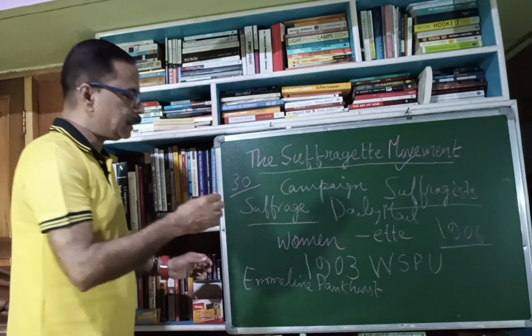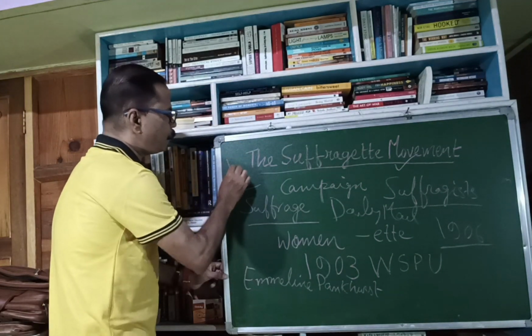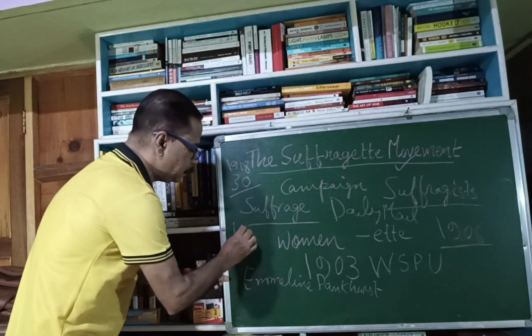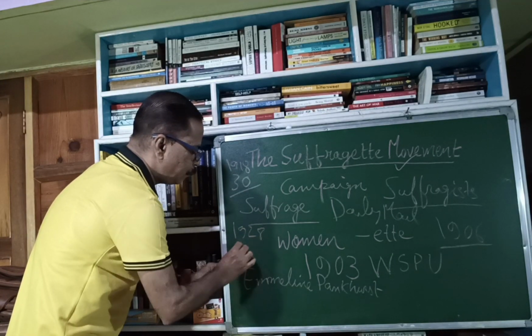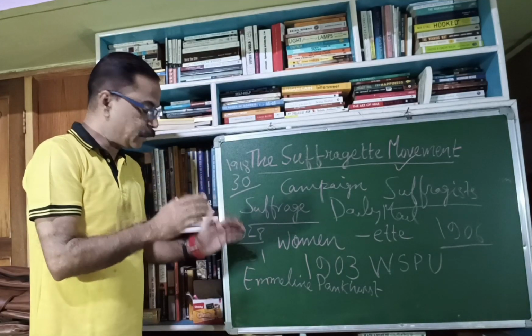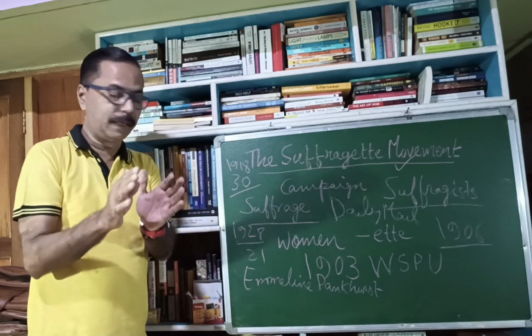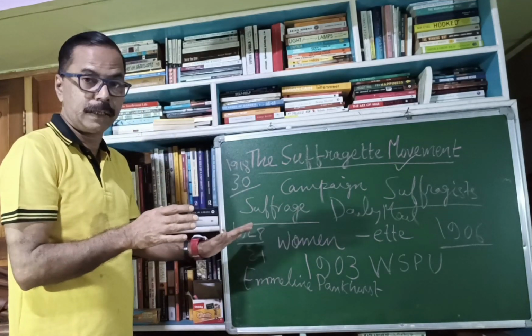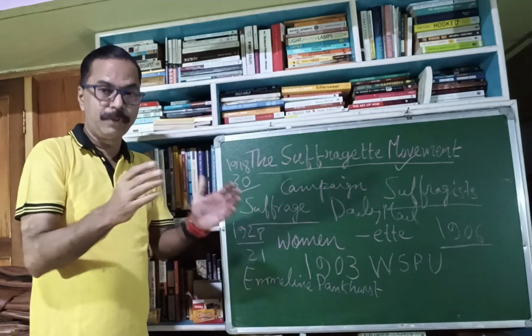And in 1928, women above the age of 21 got the right to vote in the UK, and this was parity with men. So this was the universal suffrage won by women in 1928 in the UK. That was a big victory.